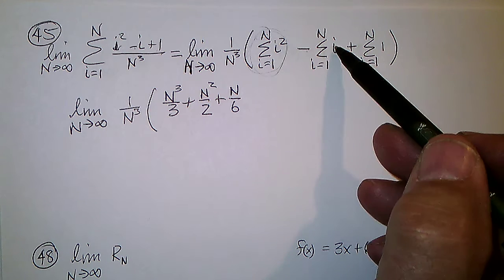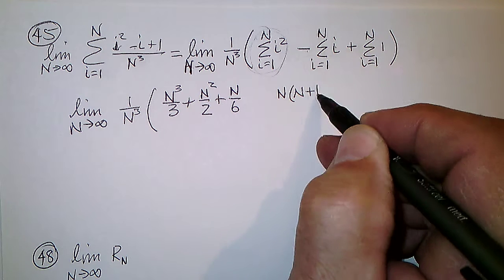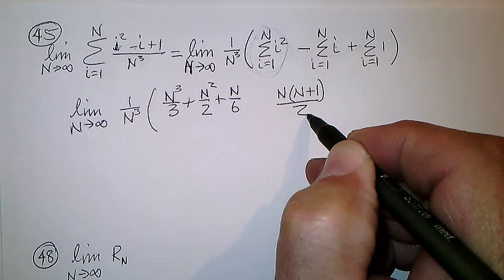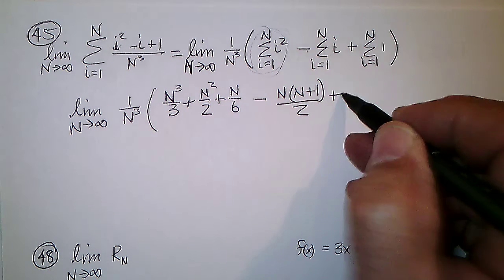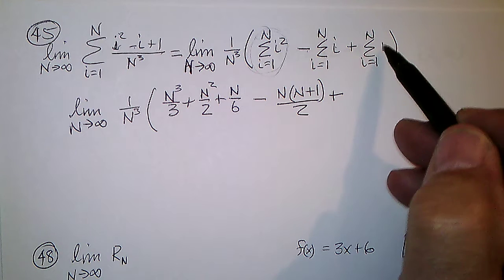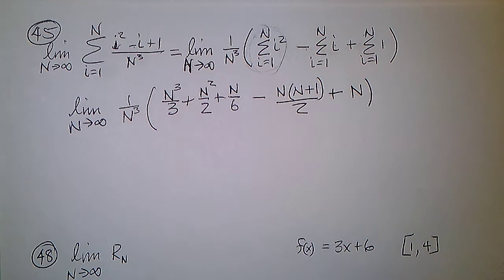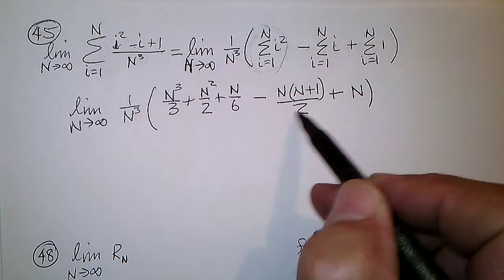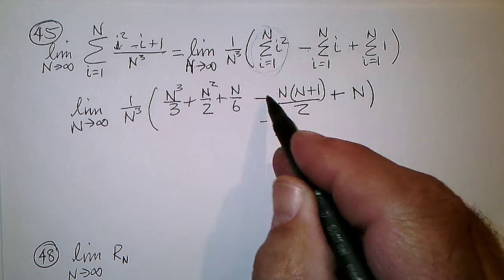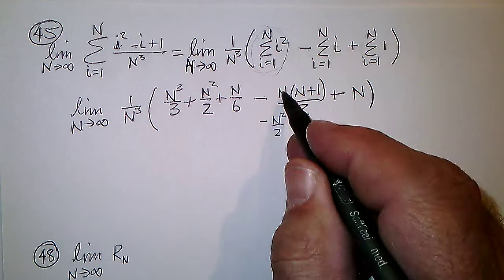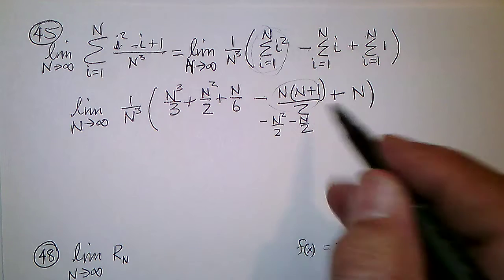Now I got to subtract this one, and when it's i, it's n times n plus 1 over 2, and I've got to subtract all that, plus, and then 1 to n, adding 1, so that's n ones, which is just n. So, thinking this out a little bit, this is minus n squared over 2 minus n over 2. That's what this is.